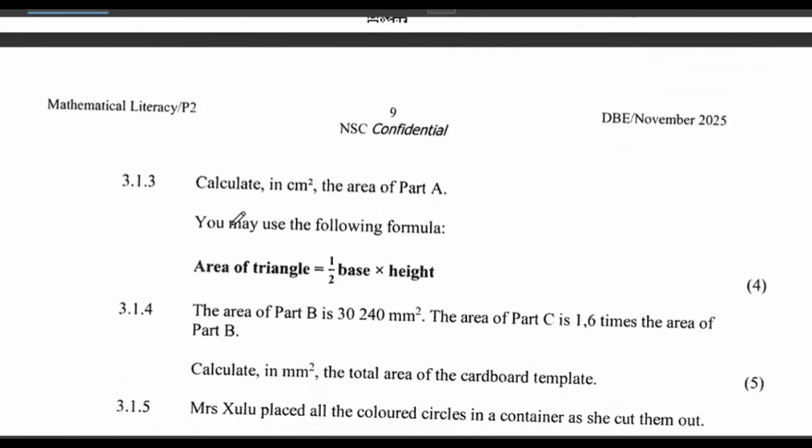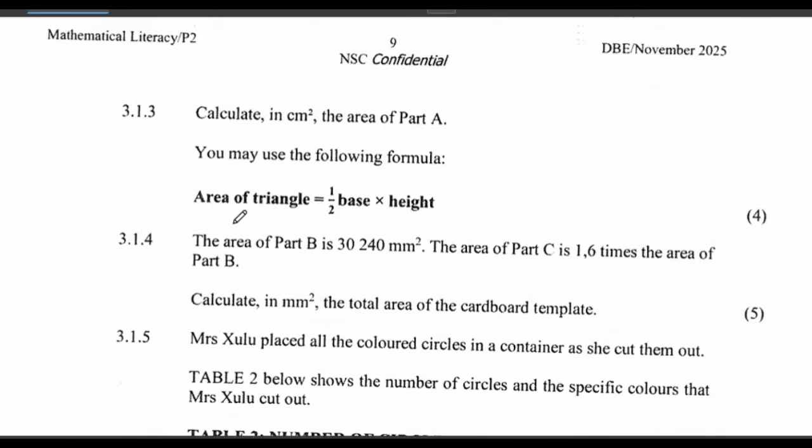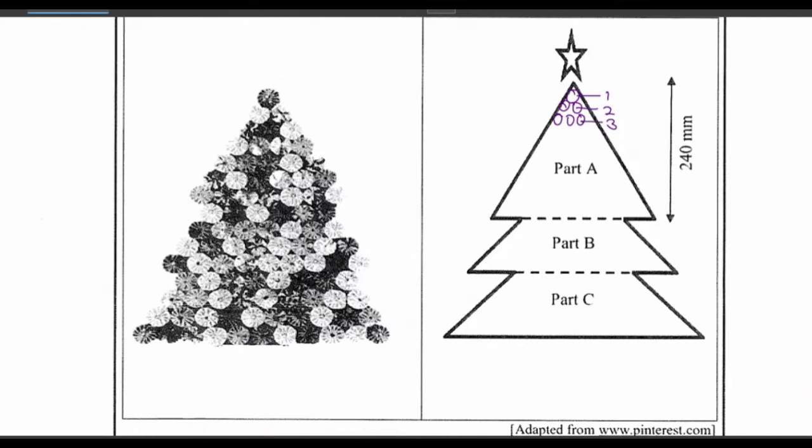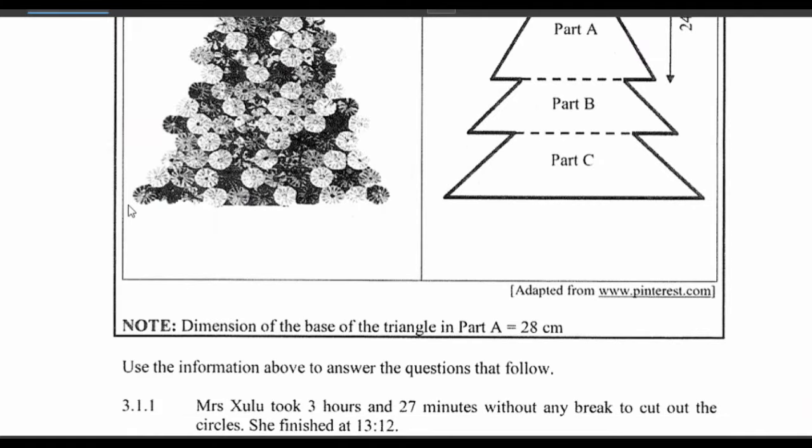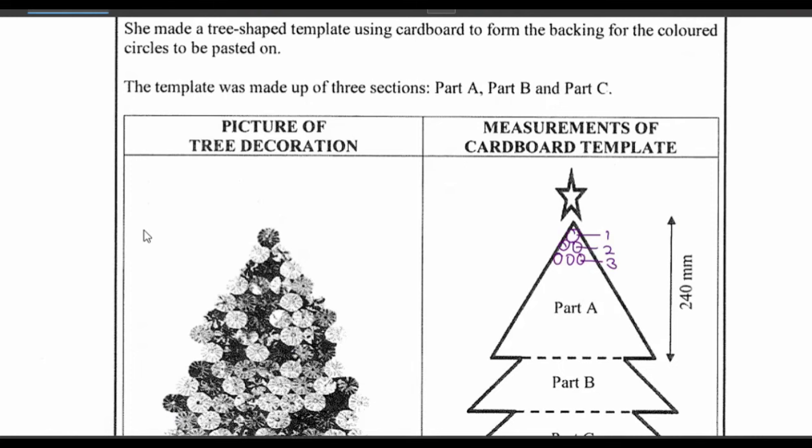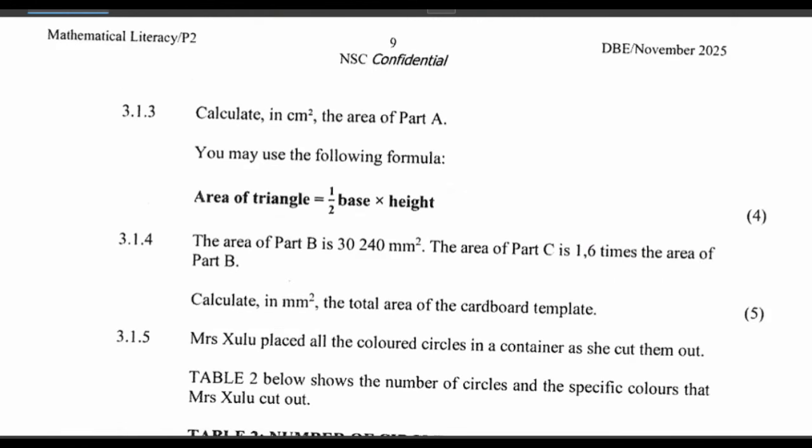Question number 3.1.3. Calculate in centimeters squared the area of part A. When you look at it nicely, they have already told us down here that the base of the triangle in part A is 28 centimeters. This is the base. Then the height is 240 millimeters. And the question wants you to get the area in centimeters squared. So we have to first change the height to centimeters, which is 240 divided by 10.